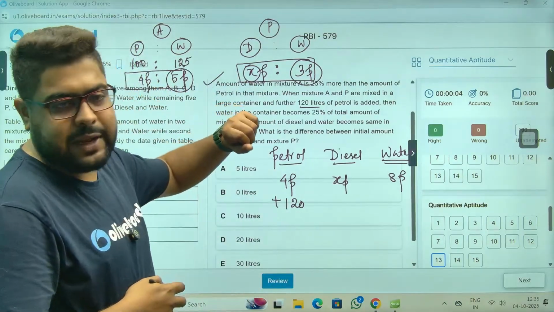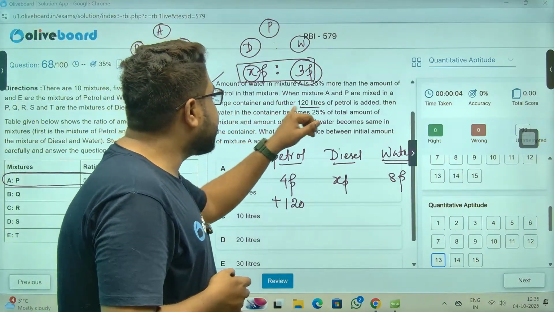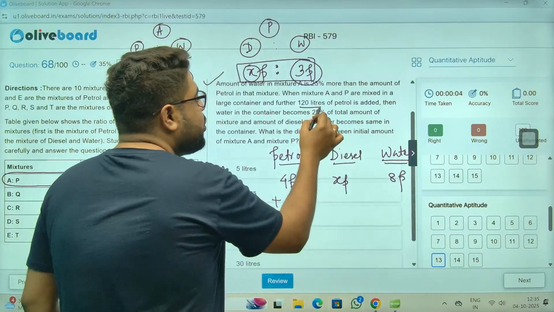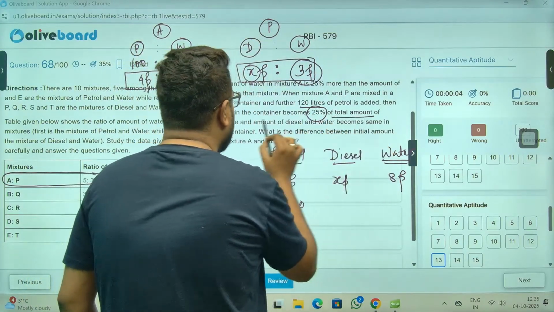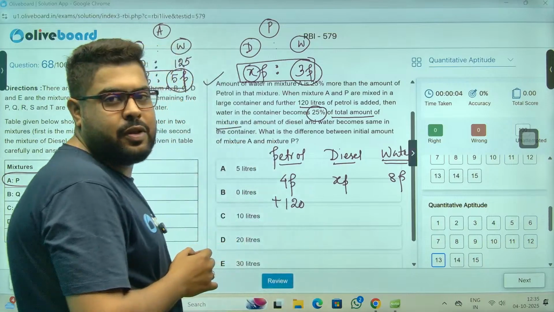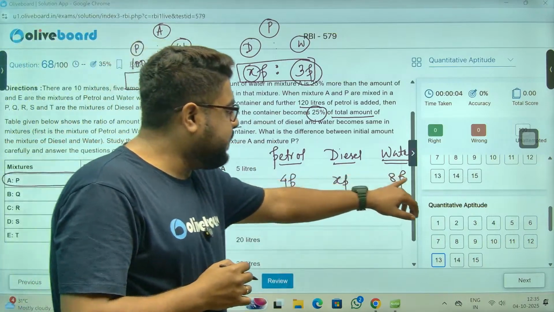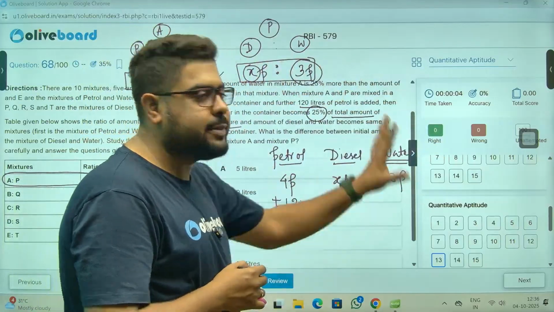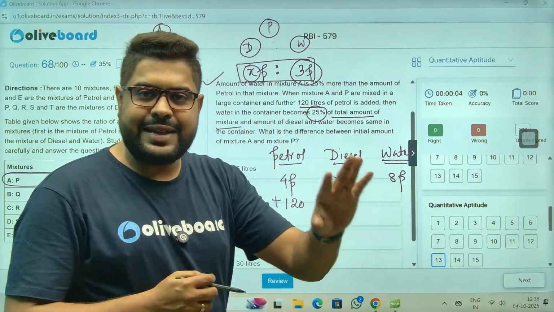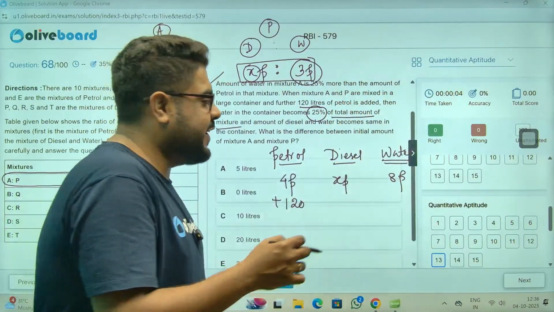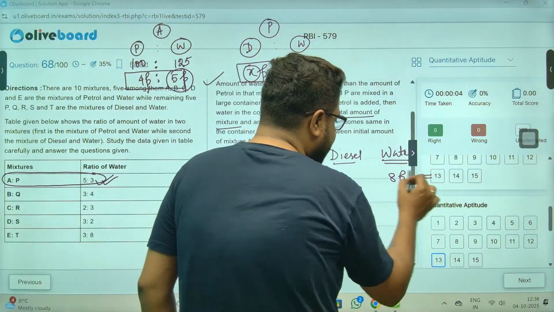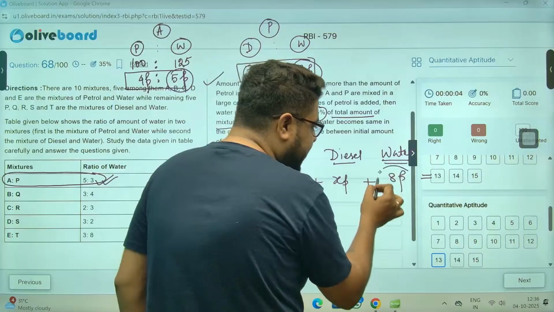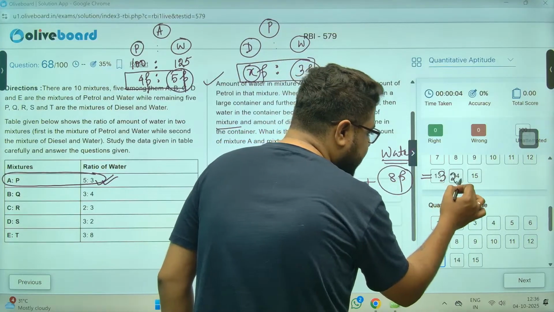Then water in the container, this 8P, becomes 25% of the total amount of the mixture. 25% means 1/4 of the total mixture. Or can I say the total mixture will become 4 times of water? So the total mixture will be 4 times the water, that is 32P, sir.